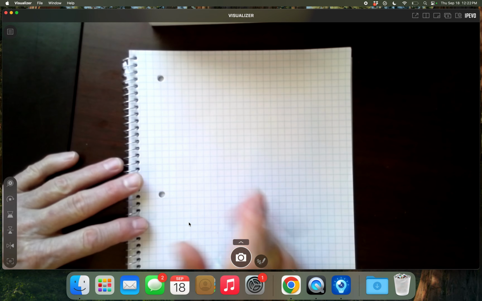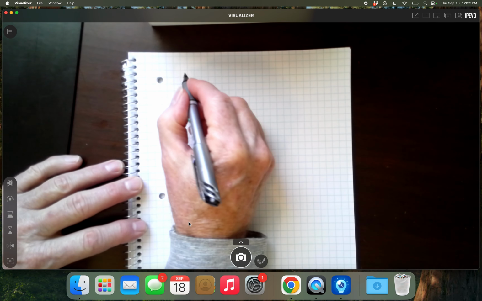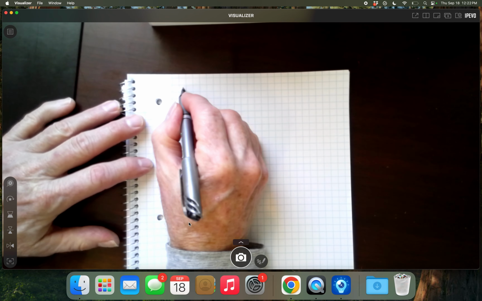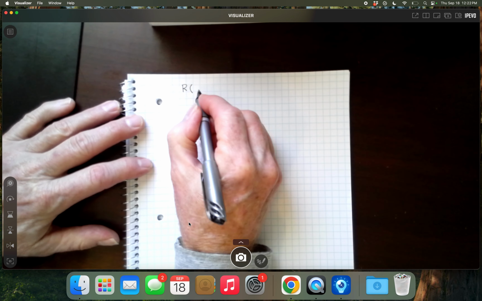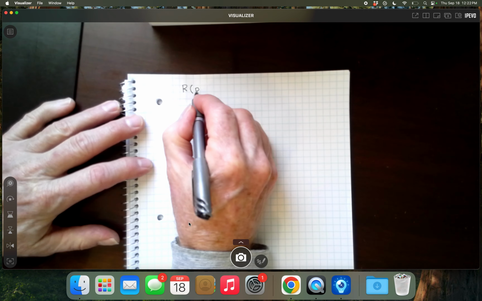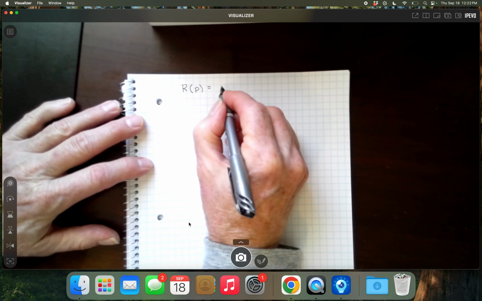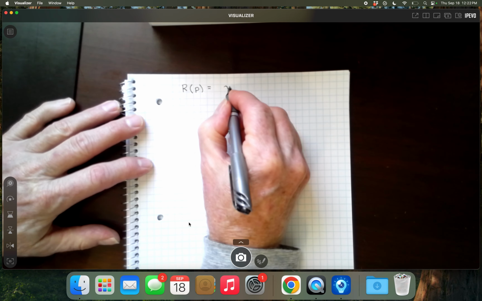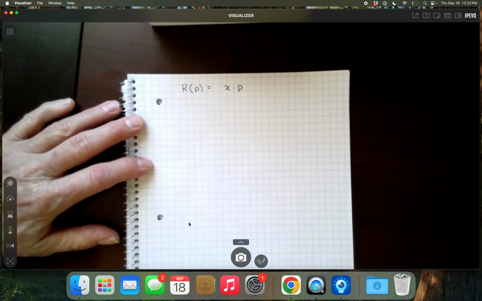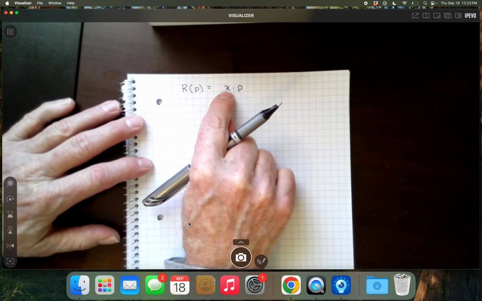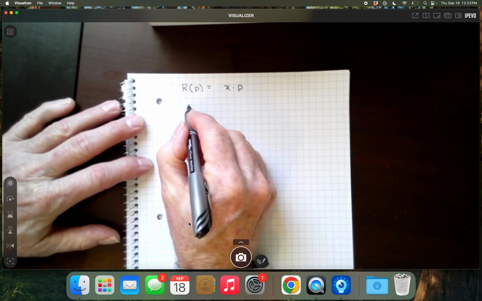Change our page here. Well, the revenue, how much money you bring in, we'll use the letter R for revenue. The revenue actually depends on how much you sell it for. The revenue is going to be equal to how many you sell times what price you sell each item for. There's your revenue. But how many are we going to sell? That's given by our demand equation.